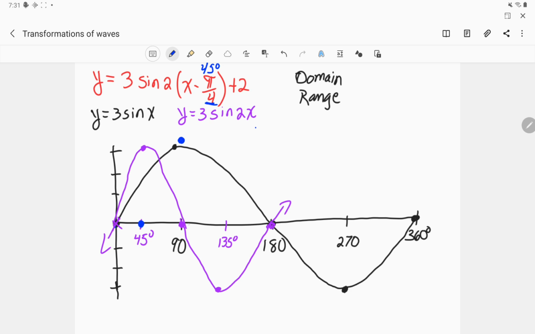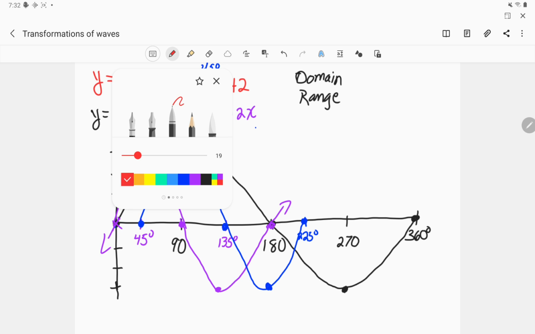This 90 is going to move 45 degrees to be at 135. This point at 135 is going to move over 45 degrees to be at 180. And 180 is going to move over 45 degrees to be at 225, which is right here. So I still have this wave that has an amplitude of 3, but it's just been phase shifted. It's been moved over.